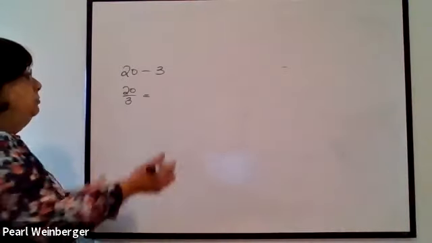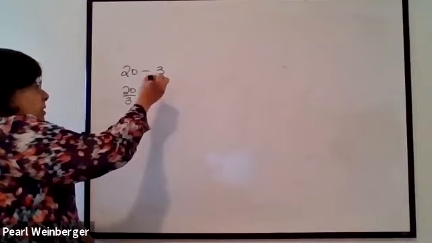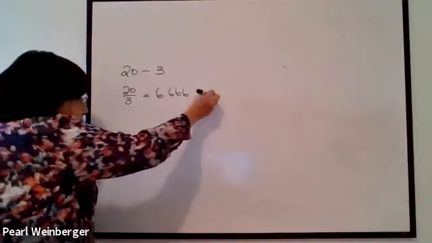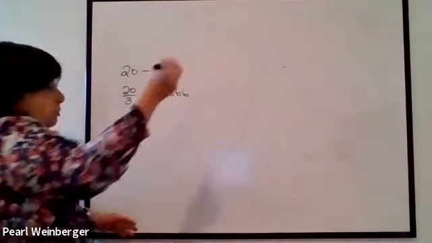If you want an answer in decimal form, then you would get 6.666. It actually goes on forever, or you could round it off, 6.667. That's what dividing is. When you divide, you don't always get a nice answer.